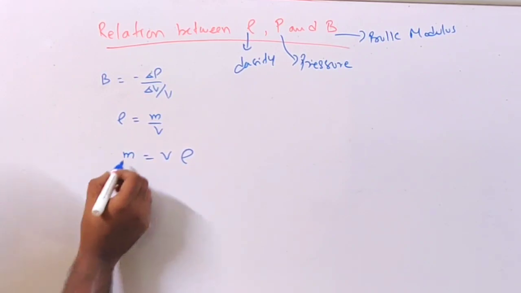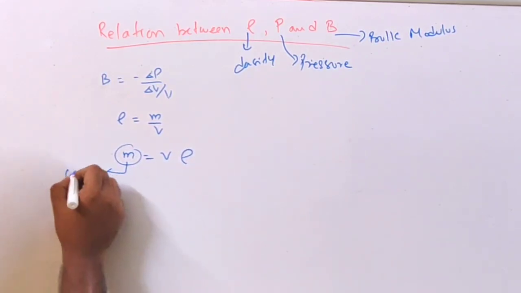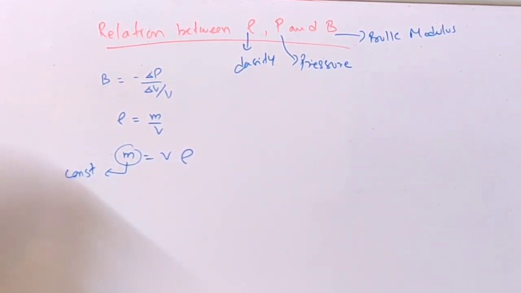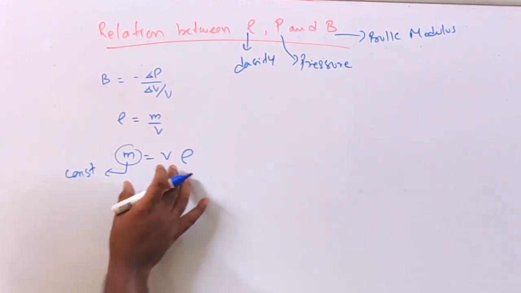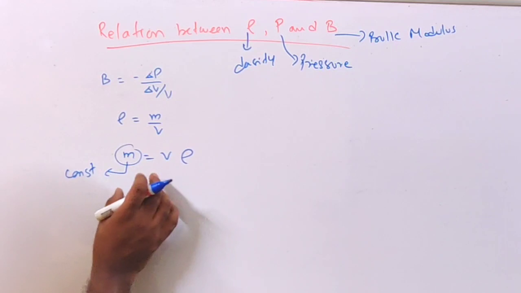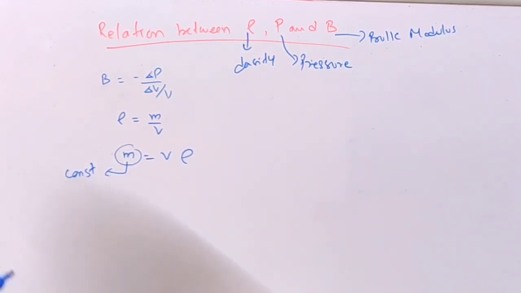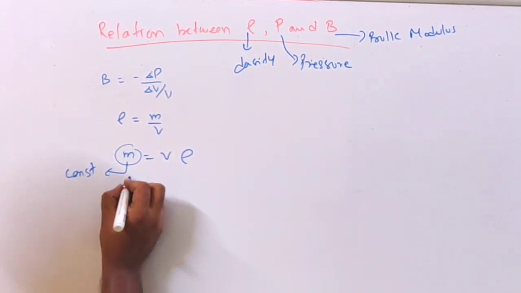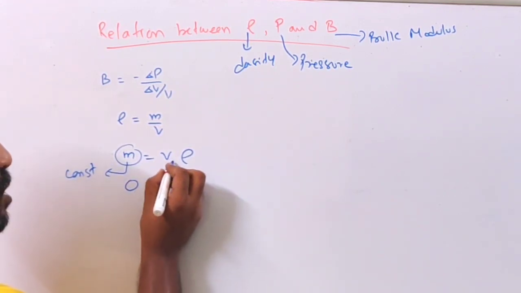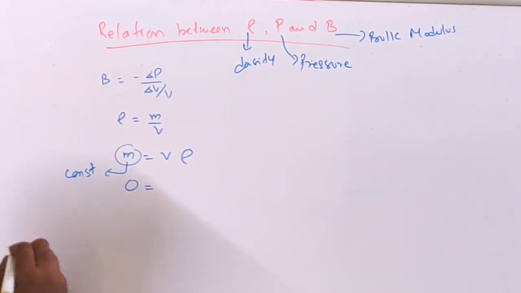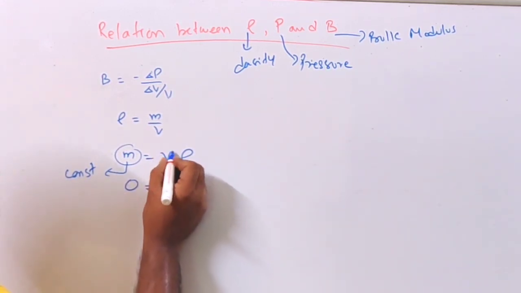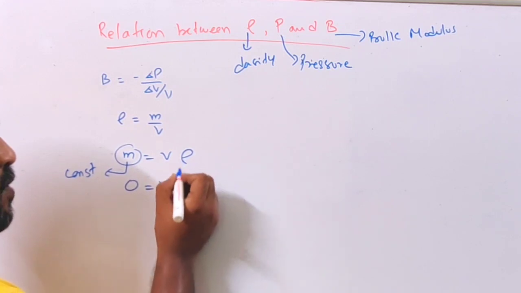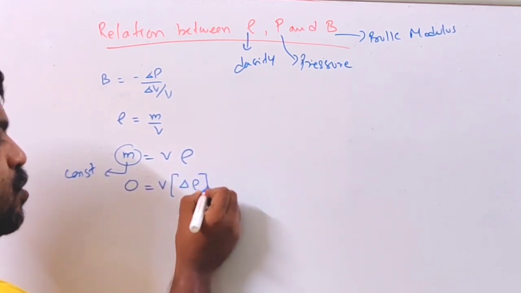Now the mass is constant. So what changes? Volume and density. If I want to measure the change, in mathematics that is done by differentiating. Mass is a constant, so differentiating gives 0. These are two functions, so how will I differentiate? First I keep volume constant and differentiate density, giving delta rho.